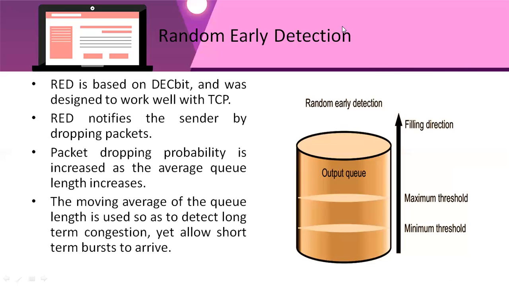The packet dropping probability increases as the average queue length increases. The moving average of queue length is used to detect long-term congestion, and it allows short-term bursts to arrive.